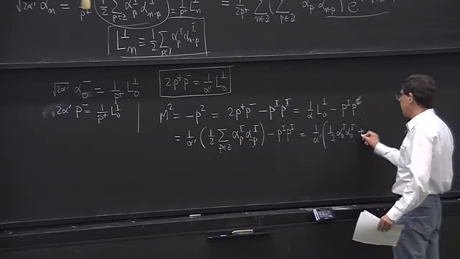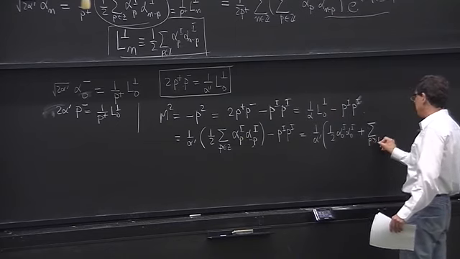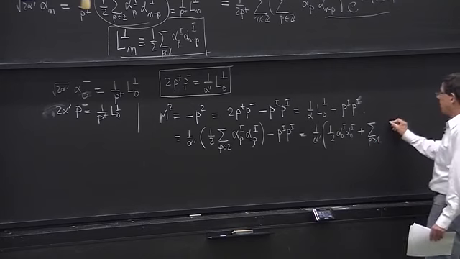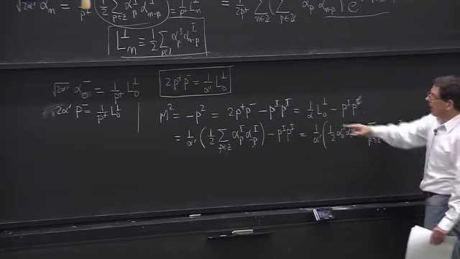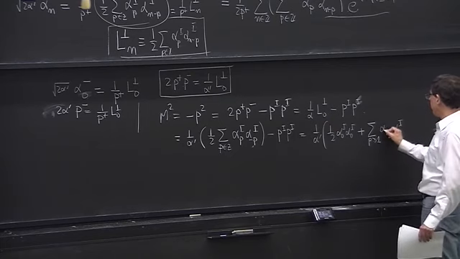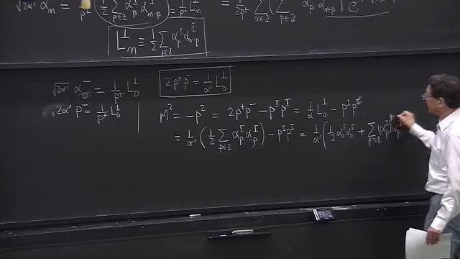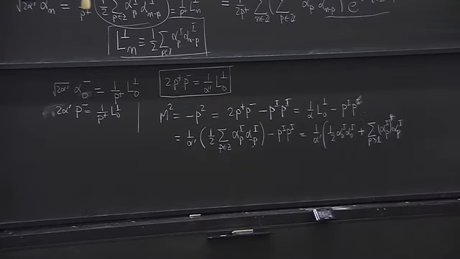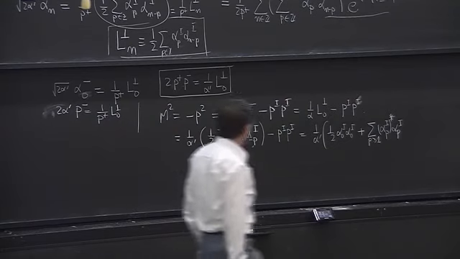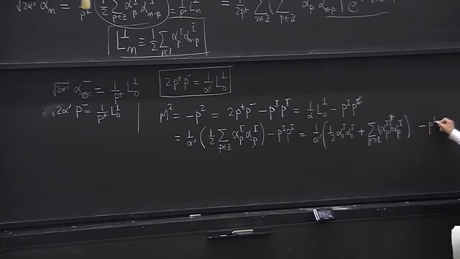So you get plus the sum over p greater or equal than 1 of alpha_p^i, and alpha_{-p} would be alpha_p^i star. Remember this equation. So so far so good, minus p^i.